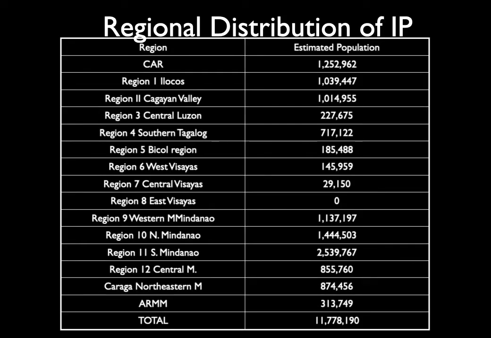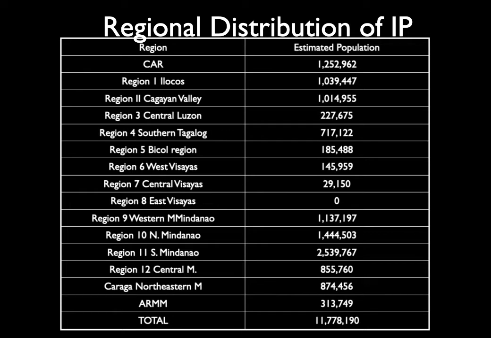It was census. In the CAR, we have 1,252,962. In Region 1, Ilocos, we have 1,039,447. In Region 2, Cagayan Valley, we have 1,014,955. In Region 3, Central Luzon, we have 227,675.